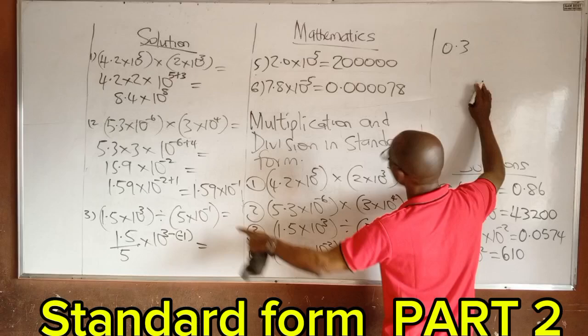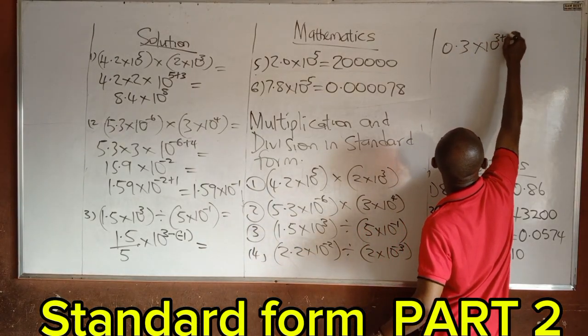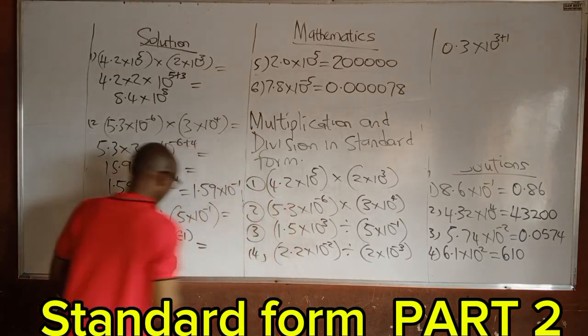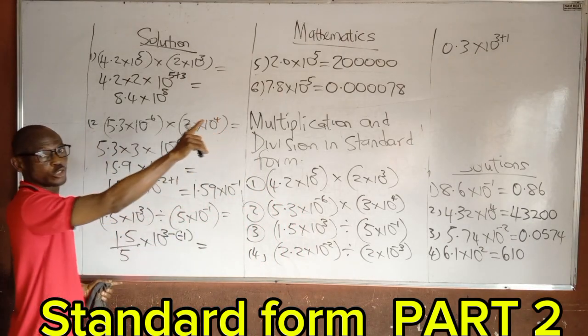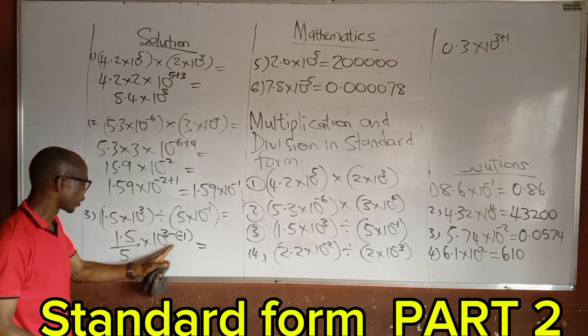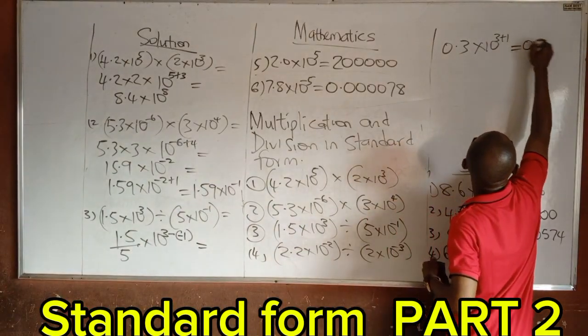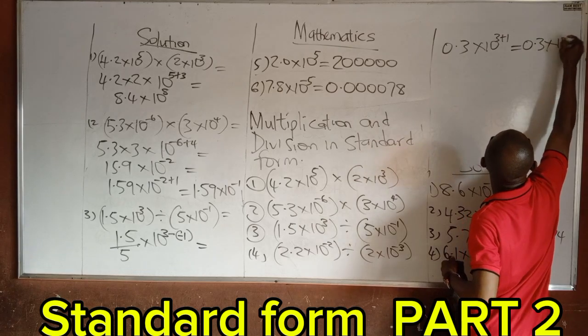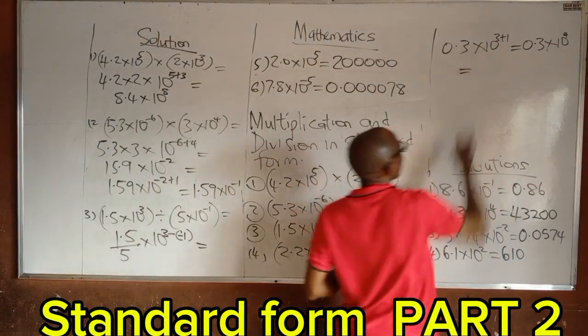Now 1.5 divided by 5 is 0.3. 0.3 times 10 raised to the power of 3 plus 1, because minus times minus gives plus. So this is equal to 0.3 times 10 raised to the power of 4.